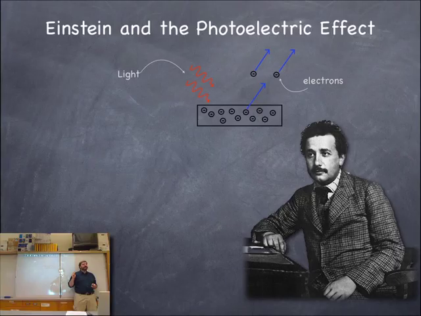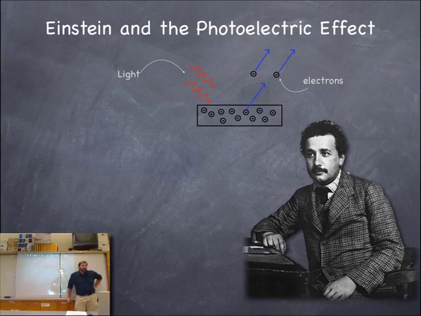It doesn't seem to matter as much how bright the light is as what color it has. And so there's a lot of trying to figure out what's going on in terms of, well, how do the electrons come off? How many come off? How does the light cause this to take place? And what kind of impact does that mean for this idea of light as a wave? But it seems to be acting a lot like a particle when this happens.